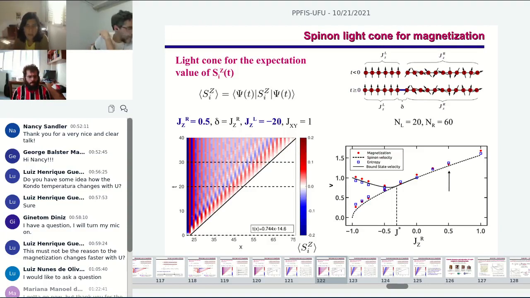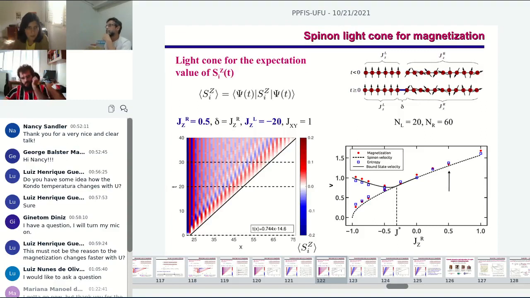I will open the paper here to see if I can find some explanation. You have to take the dispersions for both excitations and calculate the maximum velocities. It's the maximum one, and indeed it's the coupling there, which in the paper we call delta.